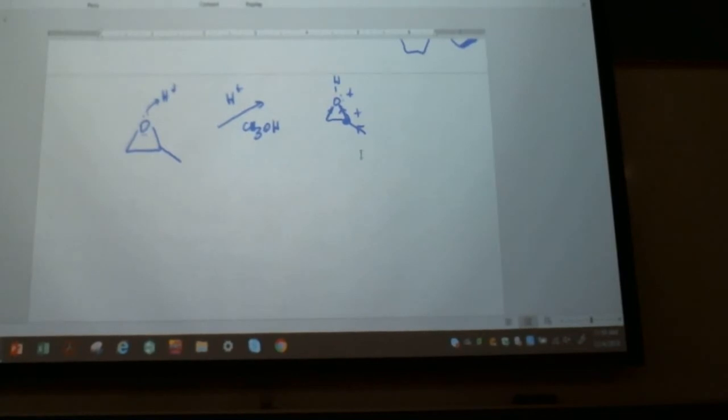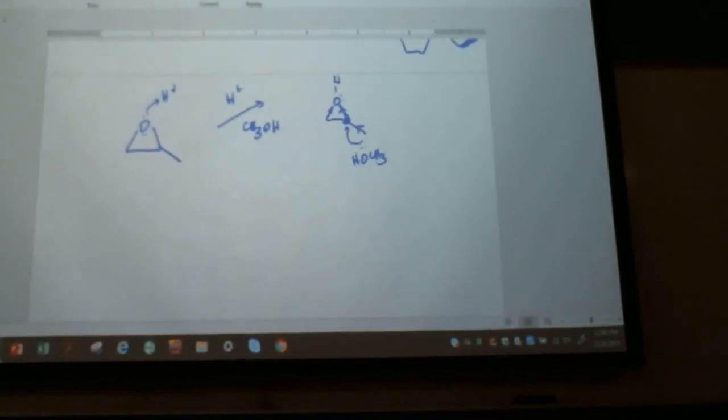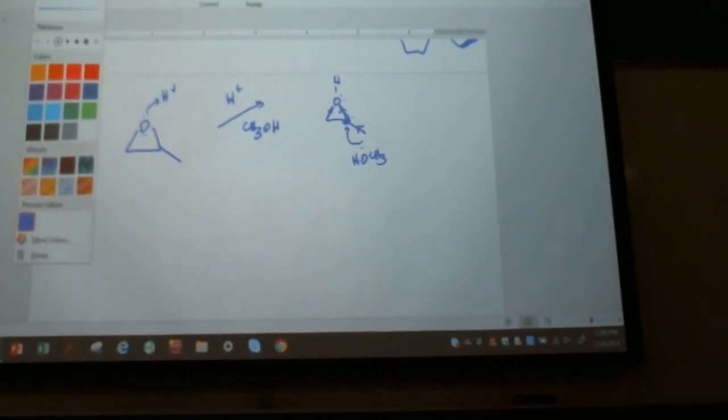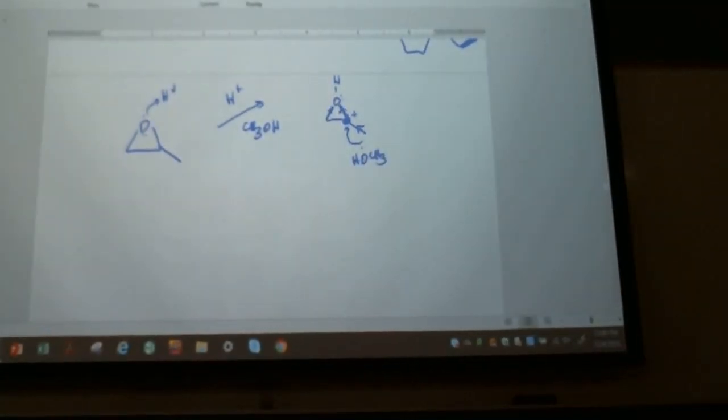And so your nucleophile is going to selectively attack the more substituted carbon because it becomes effectively the more electrophilic, the one that can better bear most of the positive charge. And so this will open up like this. And after you add hydrogen, you will end up with that.